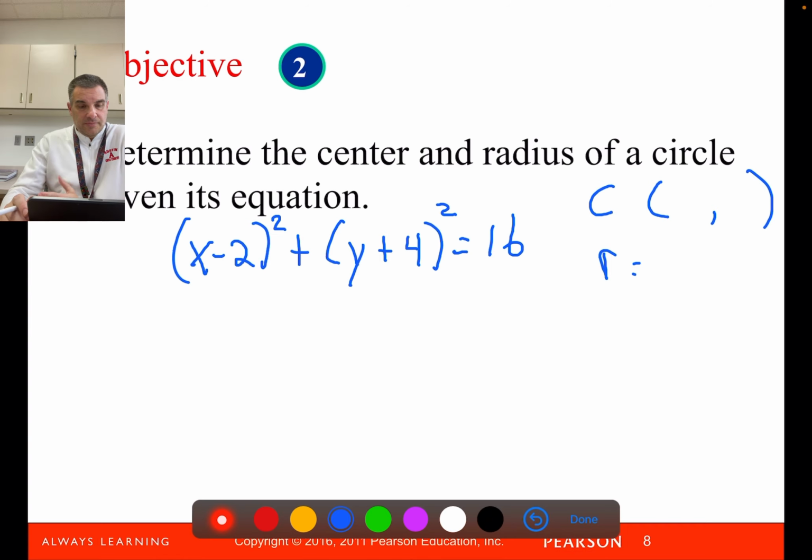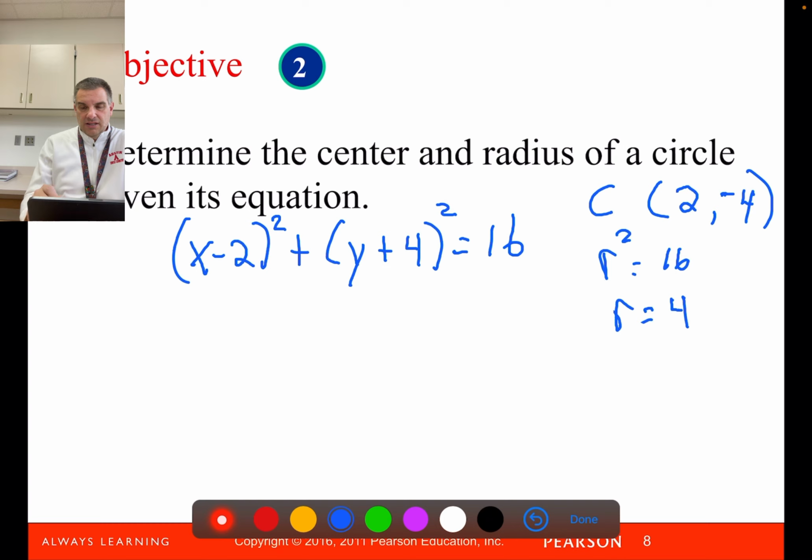The center is always the opposite of what you see in there. You see -2, so my x value is 2. You see +4, so my center is 2, -4. My r squared is equal to 16, so the square root of 16 is 4. There's my center and my radius.